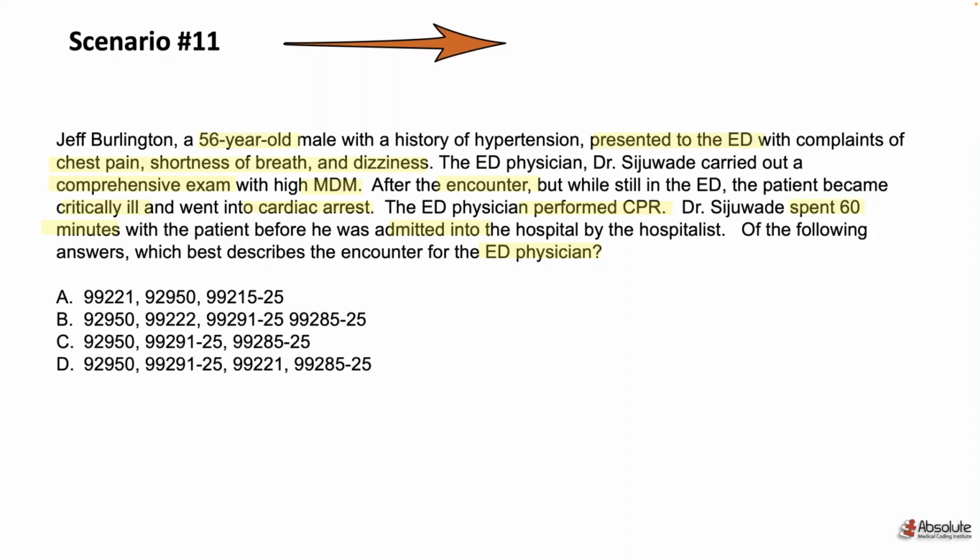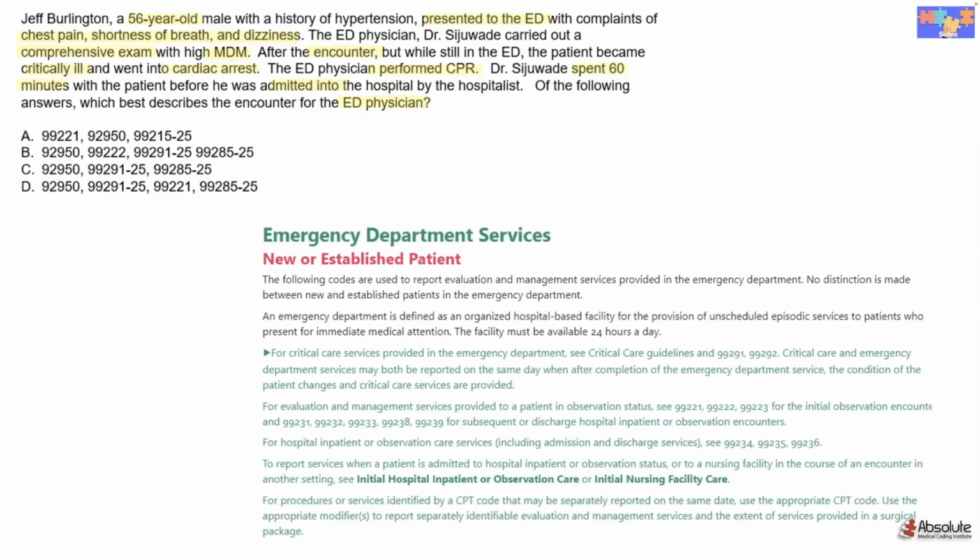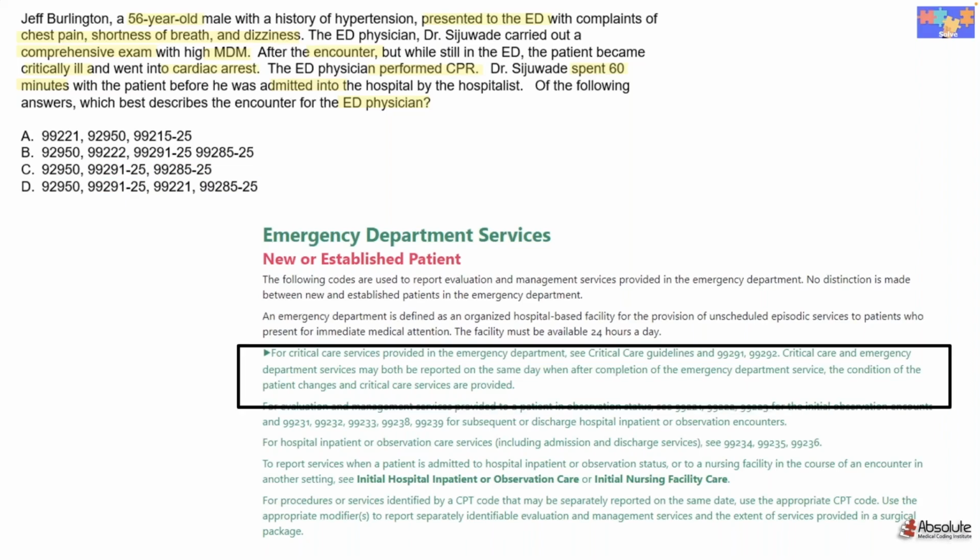So we're going to need some guidelines. I'm going to the ED guideline because we have critical care in the setting of an ED visit, right? And we talked about this critical care guideline, but we really didn't get into it. So now let's do it. It said for critical care services provided in the ED, go and see critical care code.